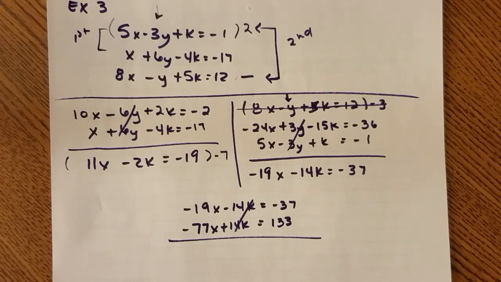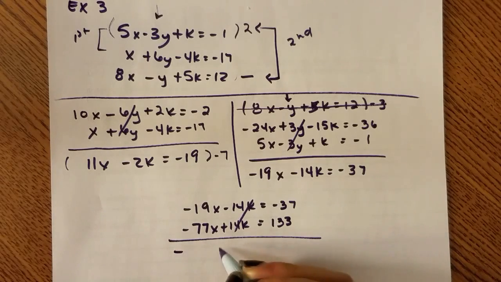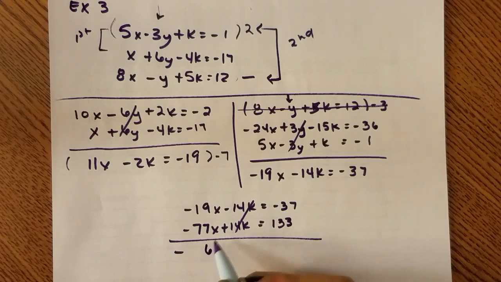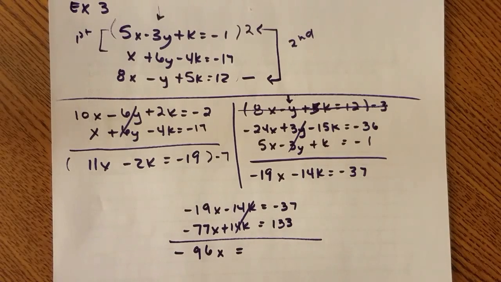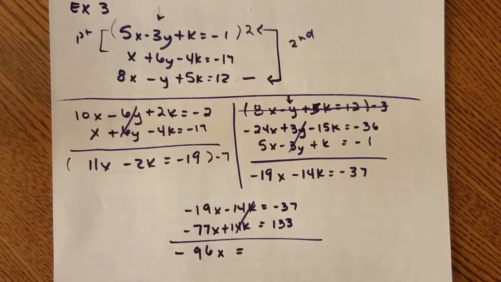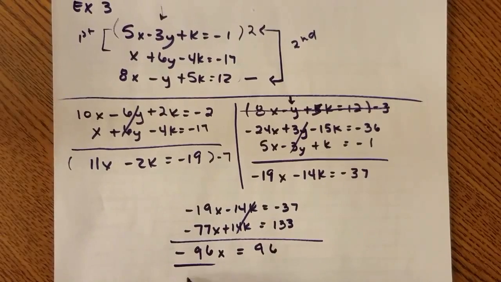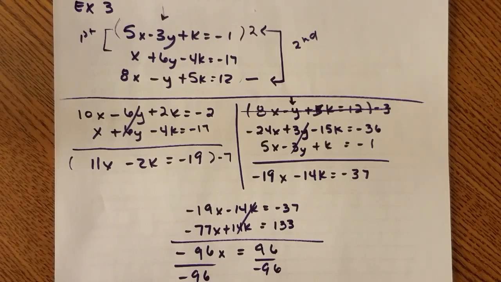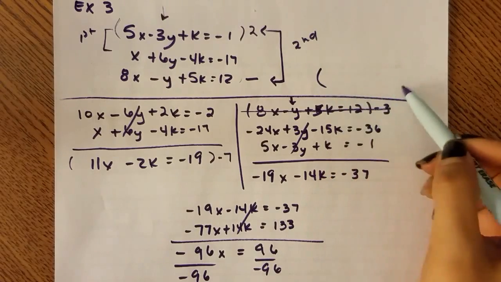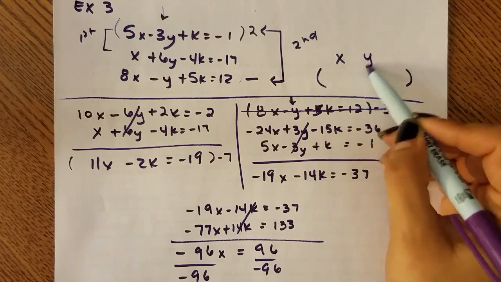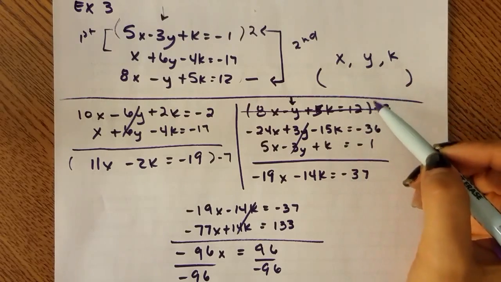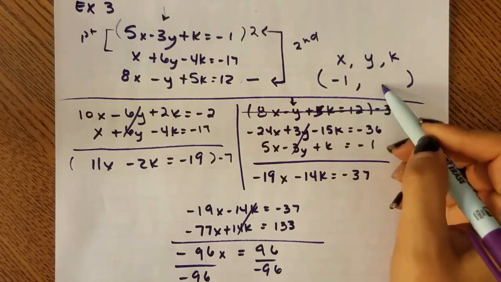Negative 19 minus 77 is going to give you a negative 96x is equal to 96. Okay, so this worked out pretty nice. Divide both sides by negative 96. X is equal to negative 1. Okay, so when we are writing our solution up here in terms of x, y, k, our first value here is negative 1.